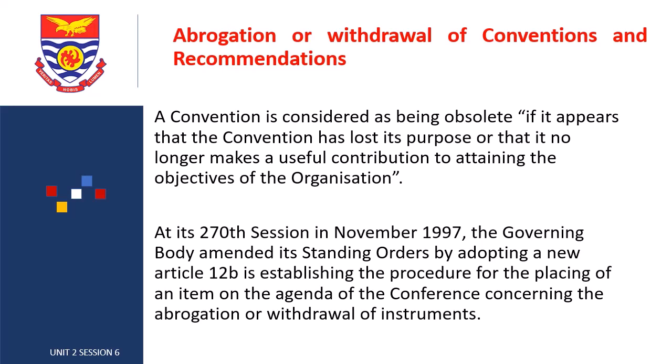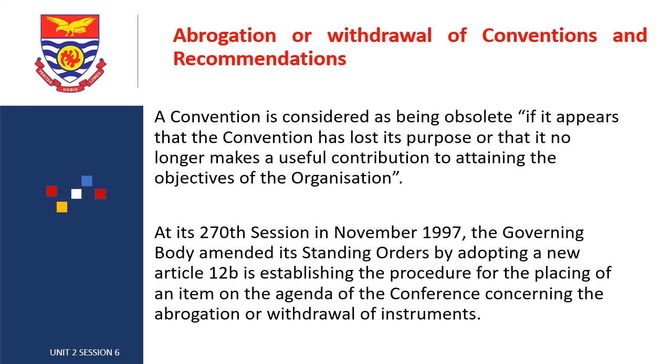Then, abrogation or withdrawal. A convention is said to be obsolete if it appears that the convention has lost its purpose, or that it no longer makes a useful contribution to attaining the objectives of the organization.